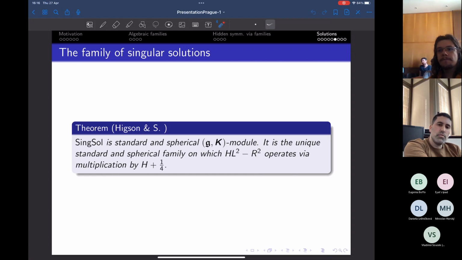It's kind of expectable that hidden symmetries might also be lost through this procedure. I don't know. So yeah, I don't know. I'm sorry.